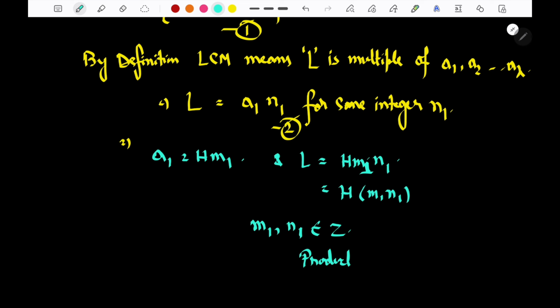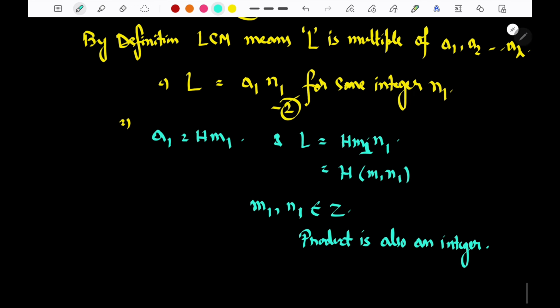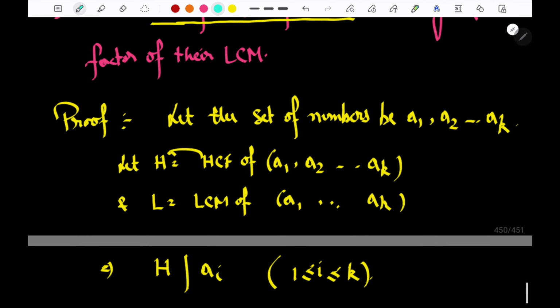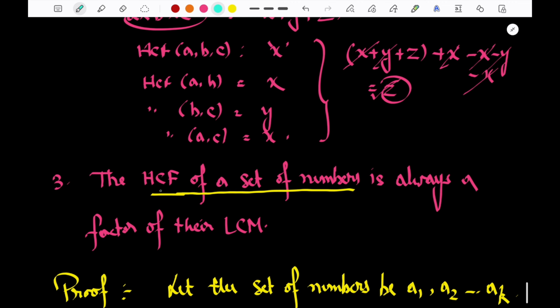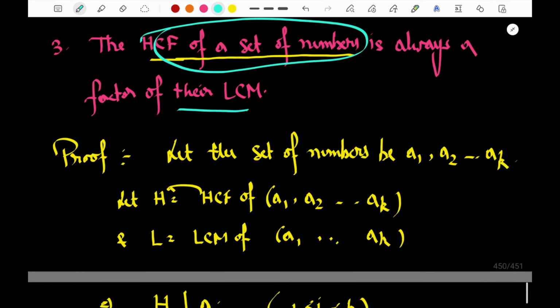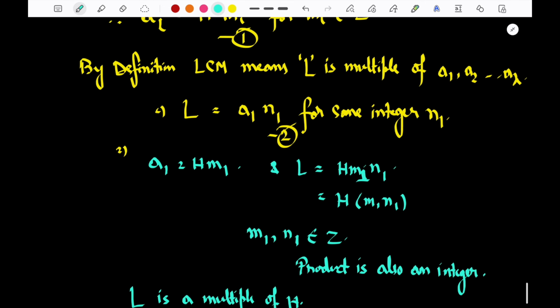If the product is an integer, we can say L is a multiple of H. That was required to be proved. It means the HCF of a set of numbers is always a factor of their LCM. Whatever the set of numbers, if you find the HCF, it is always a factor of the LCM, and we have proved it.